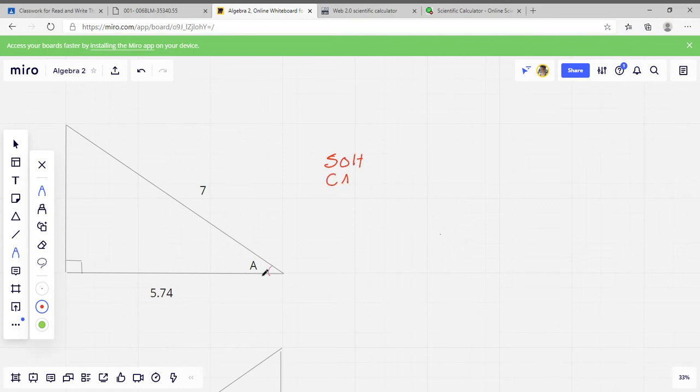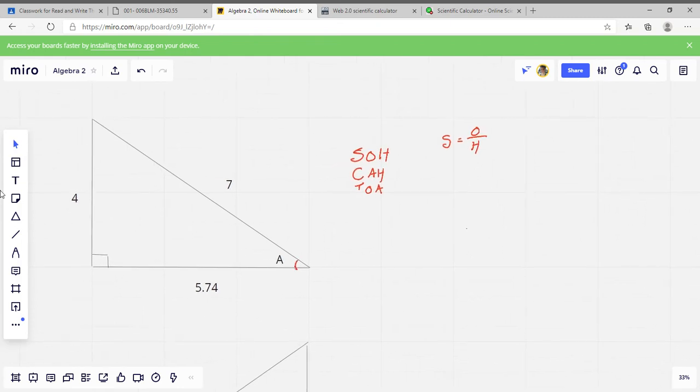CAH-TOA, I usually write these every time I use them. So it's going to be sine equals opposite over hypotenuse. Here's our angle. So the opposite of our angle is going to be up here.